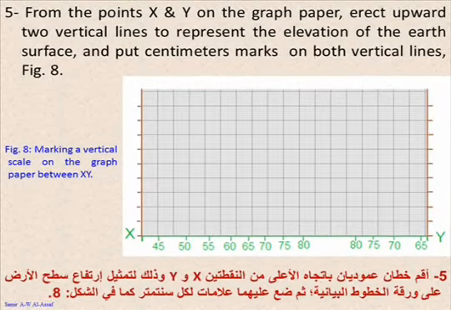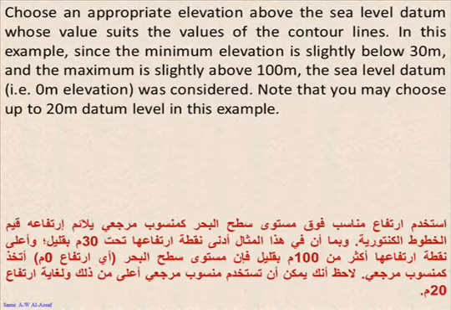5. From the points X and Y on the graph paper, erect upward 2 vertical lines to represent the elevation of the Earth's surface and put centimeters mark on both vertical lines. Figure 8. Choose an appropriate elevation above the sea level datum whose value suits the values of the contour lines.